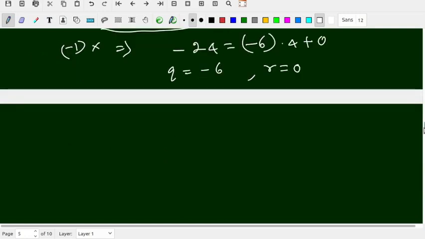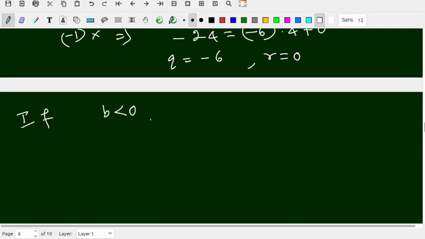If b is negative, then we take c equal to minus b, so c is positive. We apply the usual division process to find the quotient and remainder for the division of c by a, so 0 less than or equal to r naught less than a.